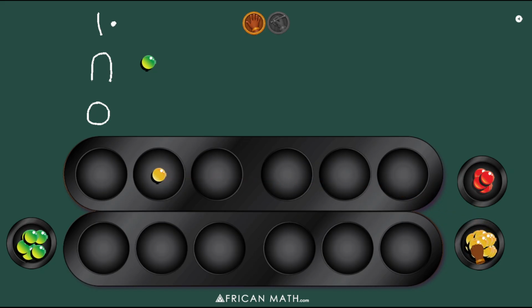If we're counting by ones, this would be 1, 2, 3, 4, 5, 6, 7, 8, 9, 10. So we have a system when we get to 10 called clear and carry.